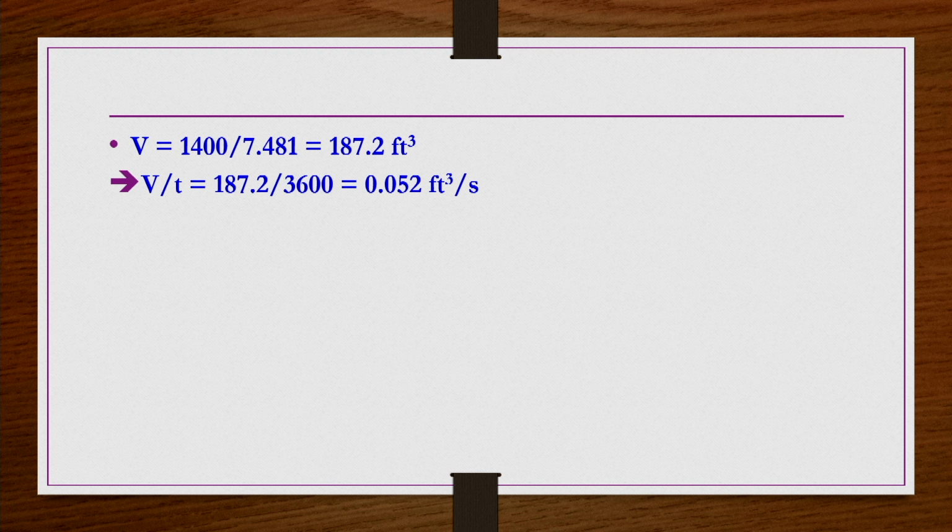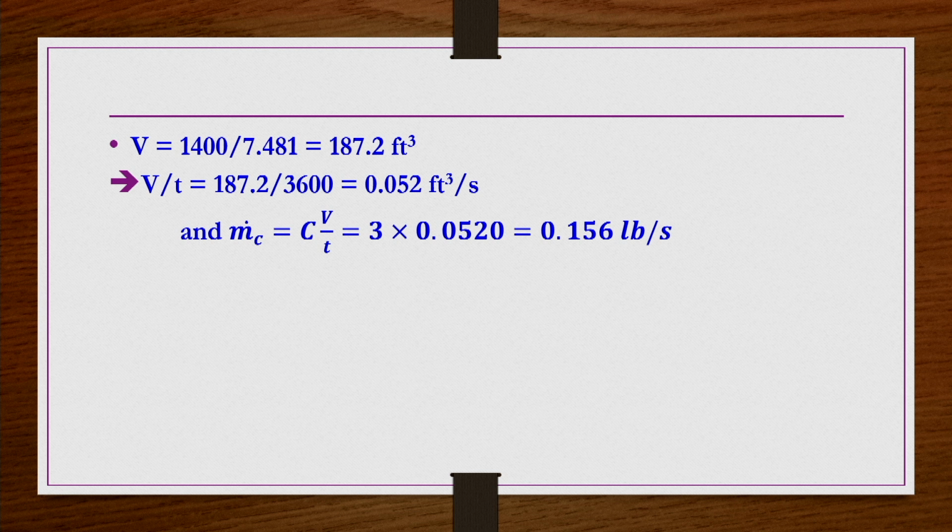So, we have 0.052 feet cube per second, and m dot c is nothing but c into V by T, that we know. C is given as 3 in the previous problem, V by T in this problem is 0.052. So, m dot c you will get 0.156 lb per second.